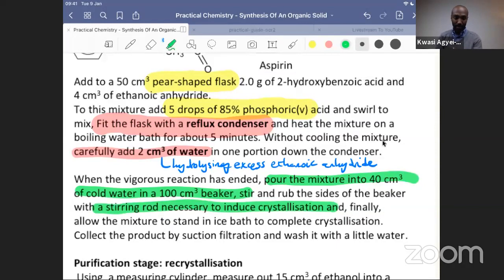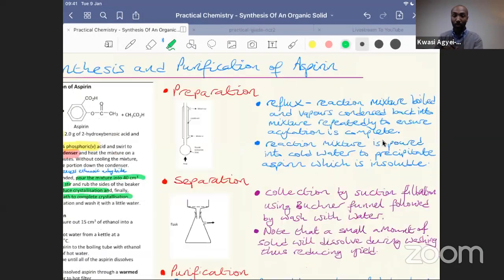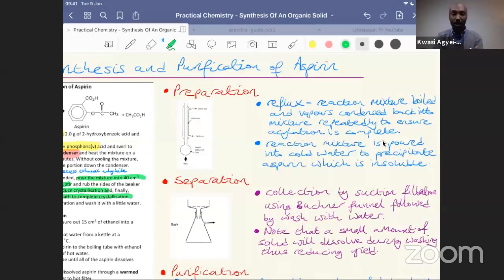Okay, so it says to allow the mixture to stand in an ice bath to complete crystallization. And then we now need to separate our solid, the product that we want, from the contents of the mixture and from whatever else is dissolved in our solution.